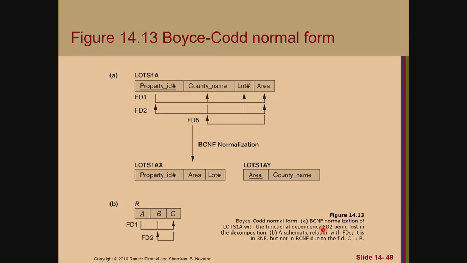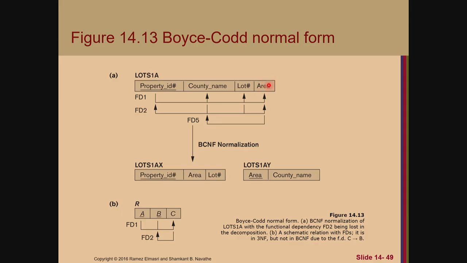The Boyce-Codd normalization of A loses the functional dependency FD2 in the decomposition. Actually, Boyce-Codd is also concerned about the transitive. As you can see here, the transitive is from area determining the country name, because area is not part of the primary key.